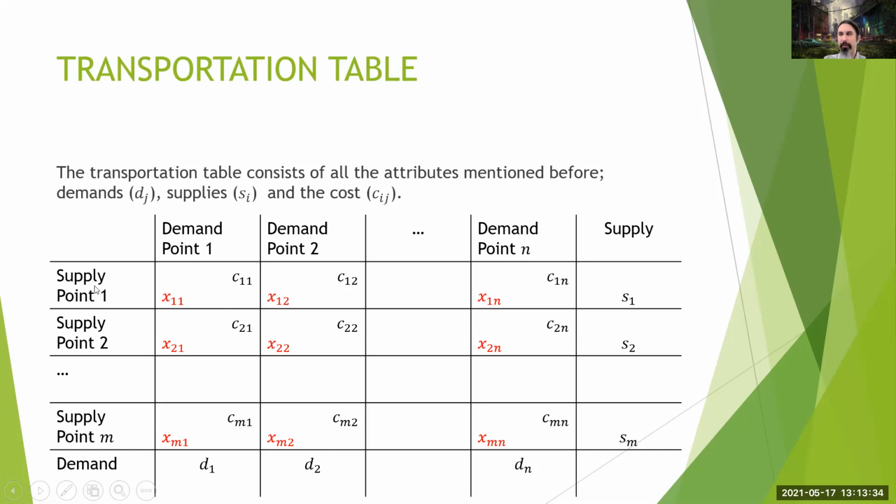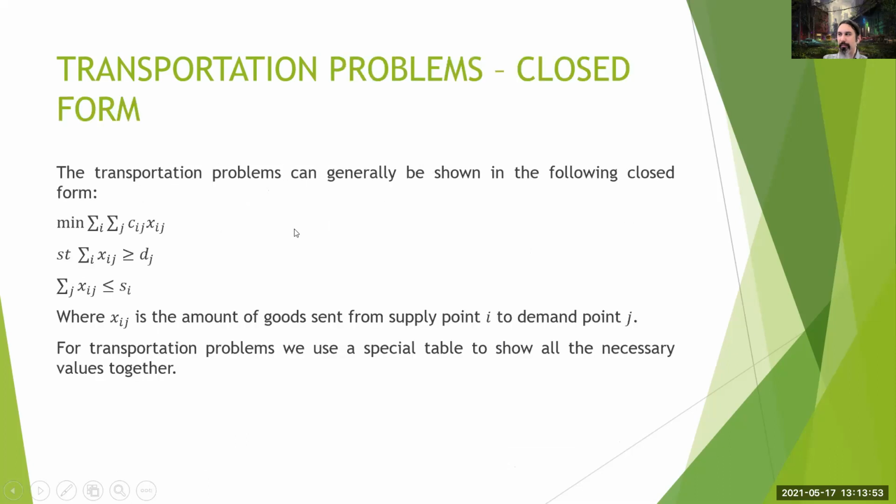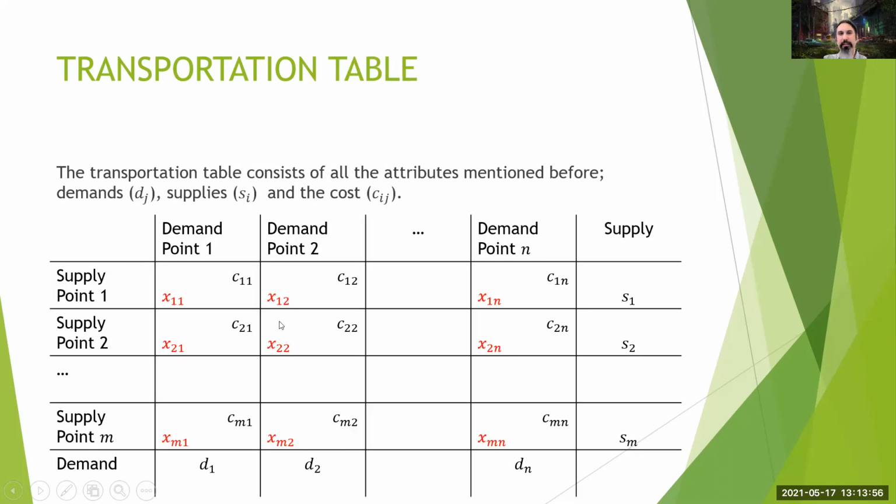So, for example, supply point 1 and demand point 1 has this cell, and this cell has this variable x11, which means the number of units sent from supply point 1 to demand point 1, and it will have the cost over here, C11. So this is basically the modeling of the transportation problem as a transportation table. Instead of using the closed form model, we're going to use this table because there's a simple iteration we can make.